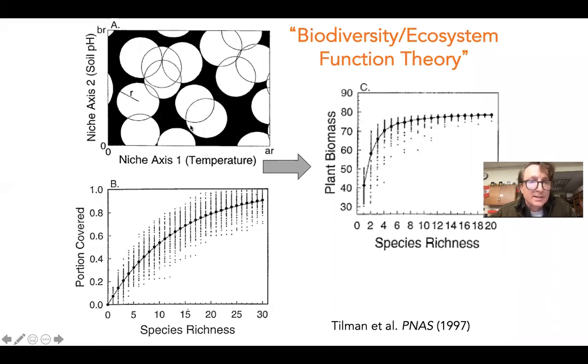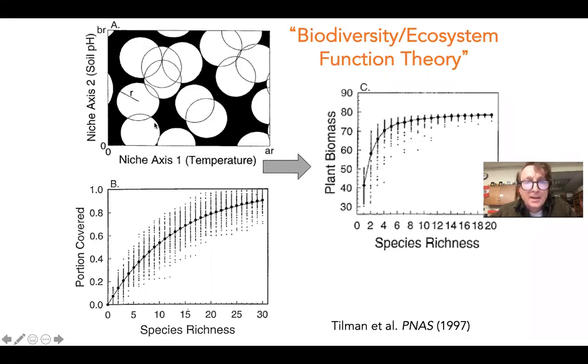So hopefully everybody can see my cursor here. Each of these circles is a species in niche space, and this niche space is given by differences in temperature, going from low to high temperature, and differences in soil pH.